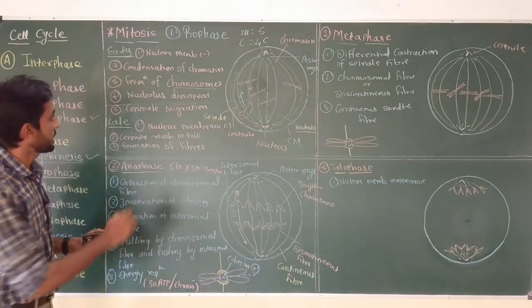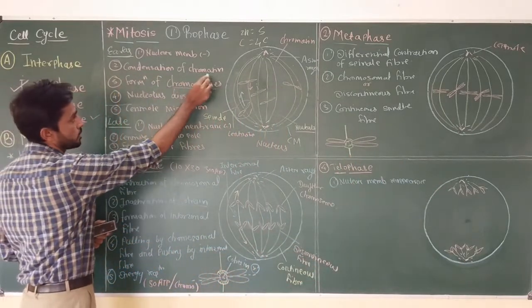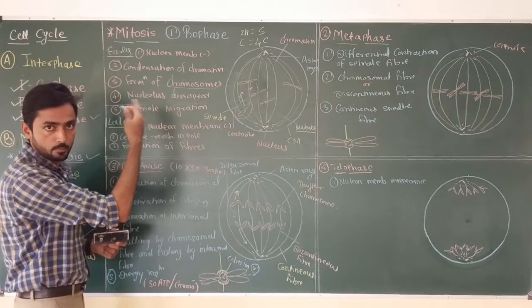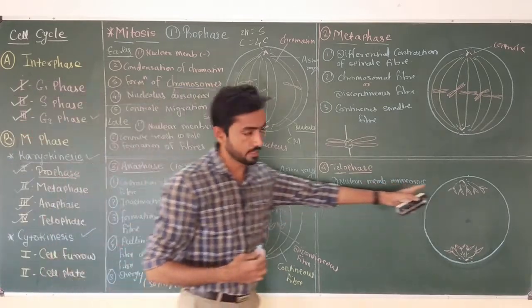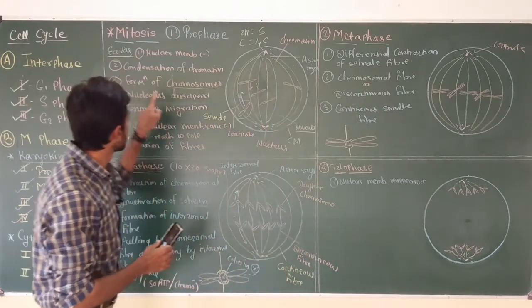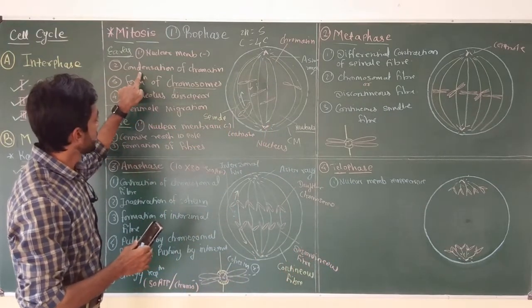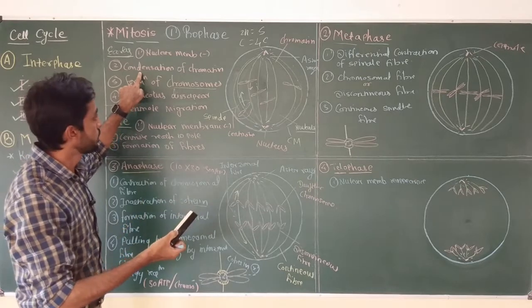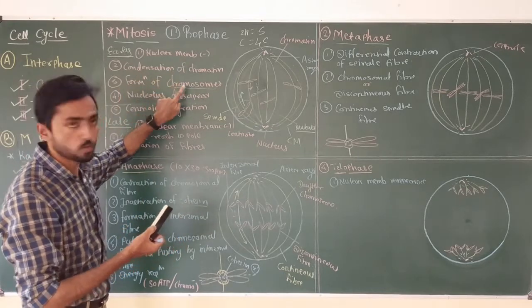The next thing that happens is, in prophase, condensation of chromatin. So here it is decondensation of the chromosome. In prophase, due to condensation, or removal of water molecules, chromatin gets converted into chromosome.